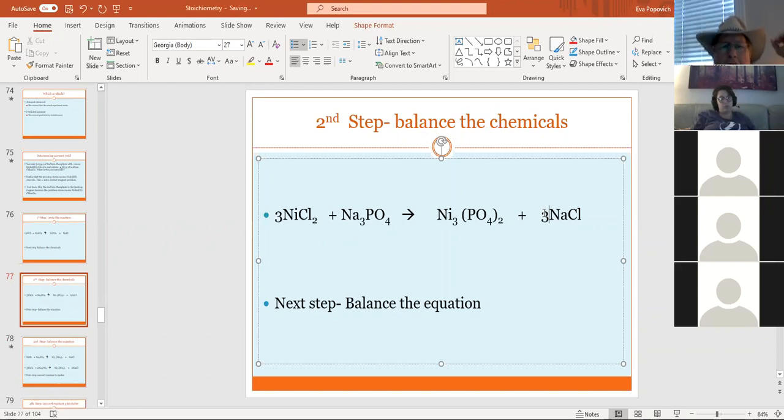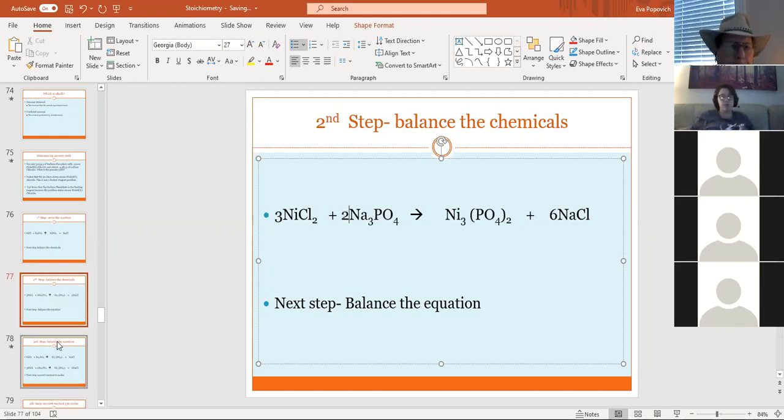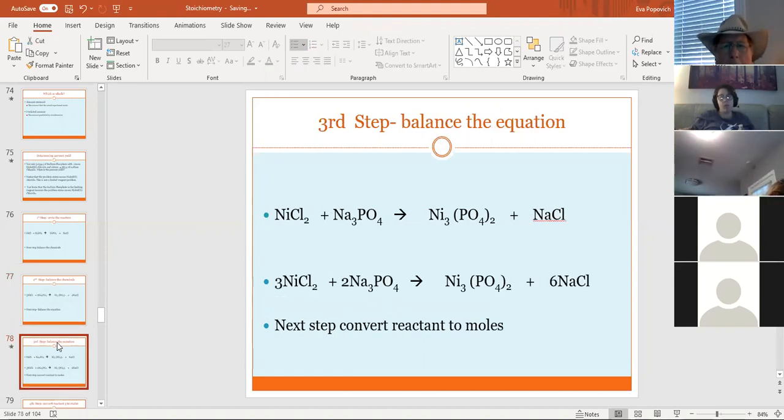Now I have 6 chlorines on the left and 3 on the right, so fix it: 6 NaCl. I have 1 PO4 on the left and 2 on the right, so 2 Na3PO4. Am I balanced? Yes. All right, I've got my final balanced reaction.